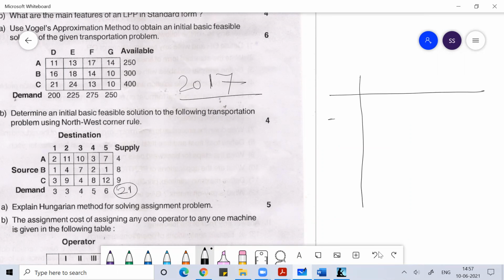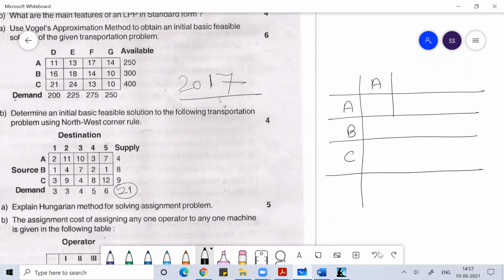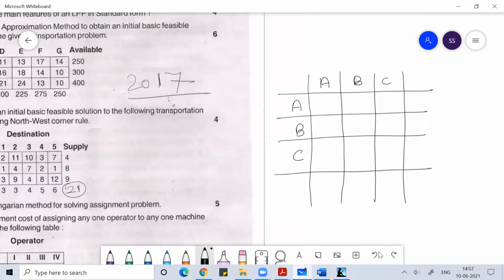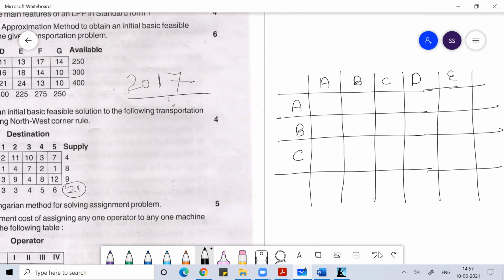So you have 3 rows, A, B, and C, and you have destinations. I'm writing A, B, C, D because they will write 1, and I should not get confused with numbers. There are 5 destinations, A, B, C, D, E. Fine, guys.